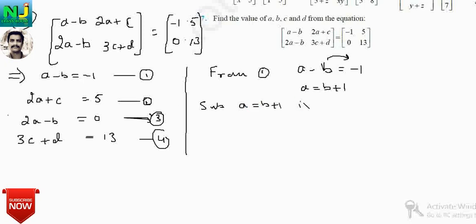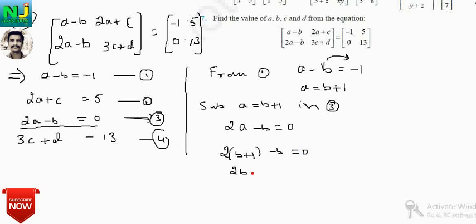Look, in the 3 equations, wherever a and b are there, here it is. This is the equation, equation 3. So 2a minus b is equal to 0. What is the value of a? b plus 1 minus b equal to 0. So 2 into b, 2b plus 2 into 1, 2, minus b equal to 0.